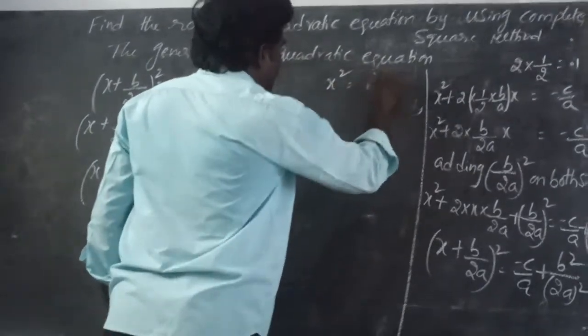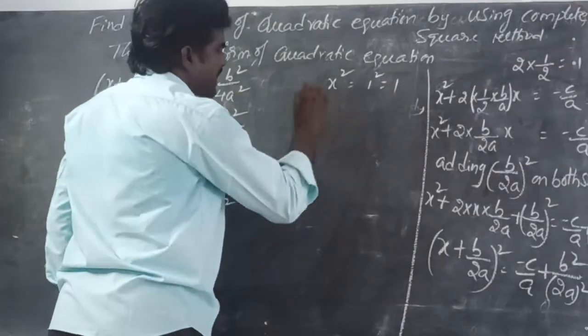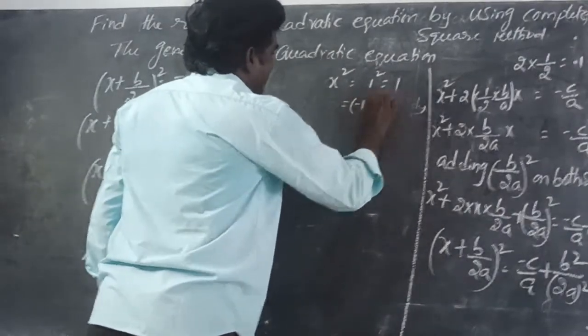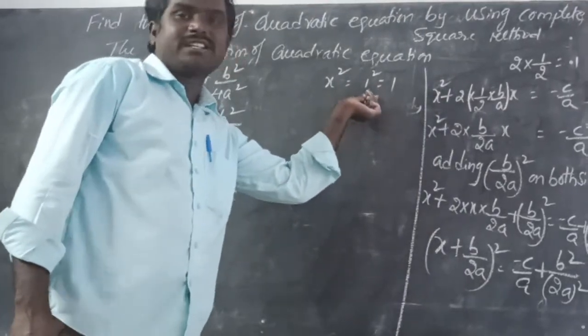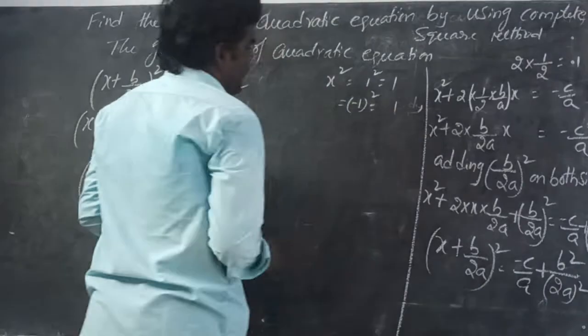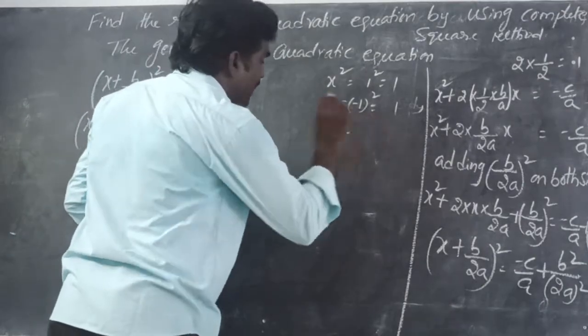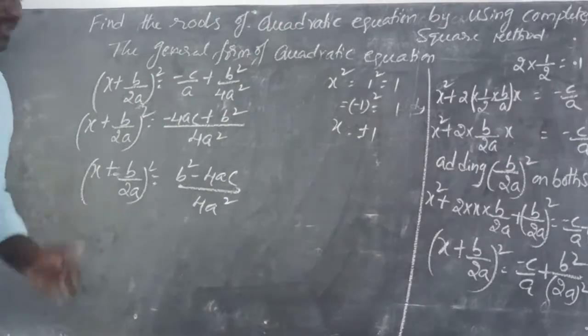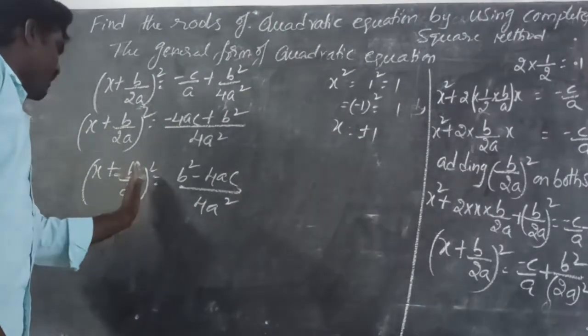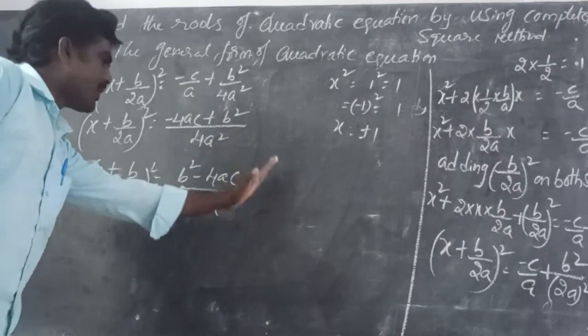What do you get? 1 square is equal to 1. In the place of x you can put minus 1. Minus 1 whole square. A negative integer multiplied an even number of times becomes positive. That means for x how many values are there? 2 values. What are they? Plus or minus 1. Okay. So here this total square form is going to the right side.